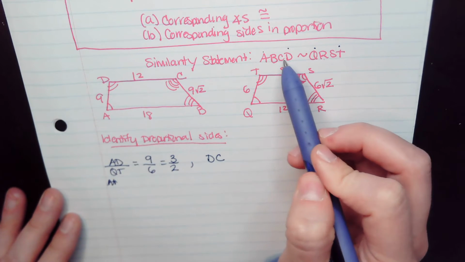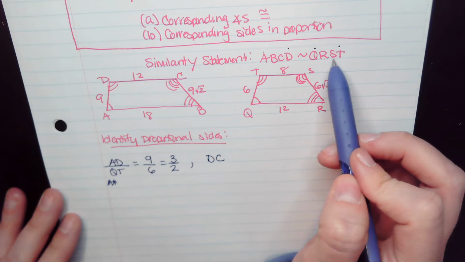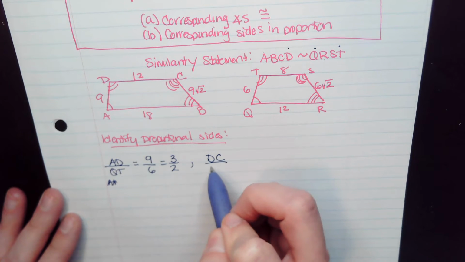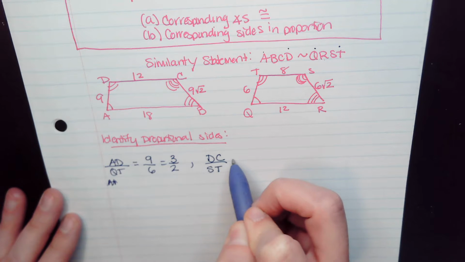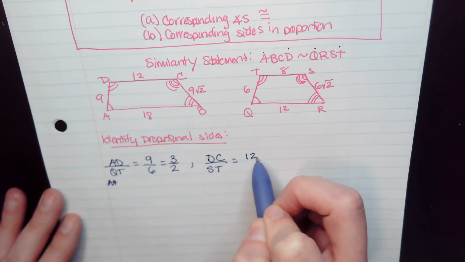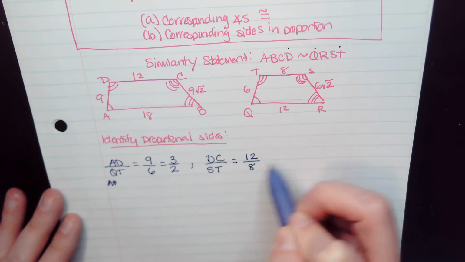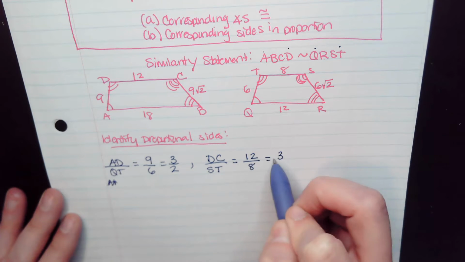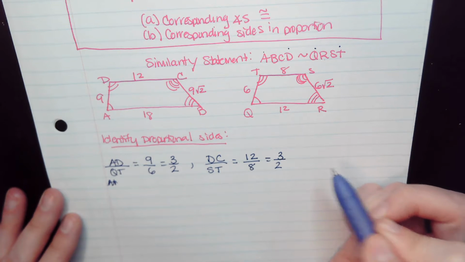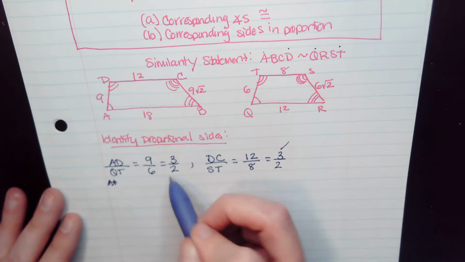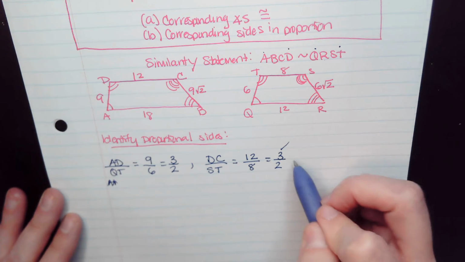So DC is your last two letters, so that should correspond to the last two letters over here, so that's going to be ST. So let's check their length. So DC is 12, TS is 8. And if we reduce that, it gives us 3 over 2. So that's good because that's the same as our original proportion that we got.